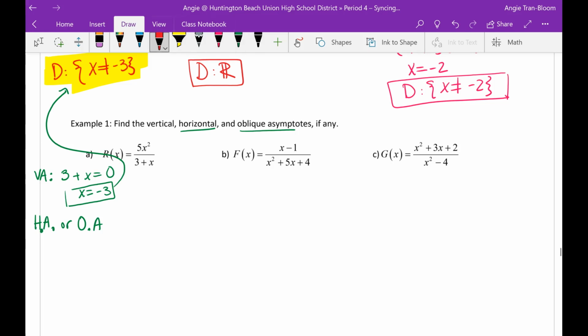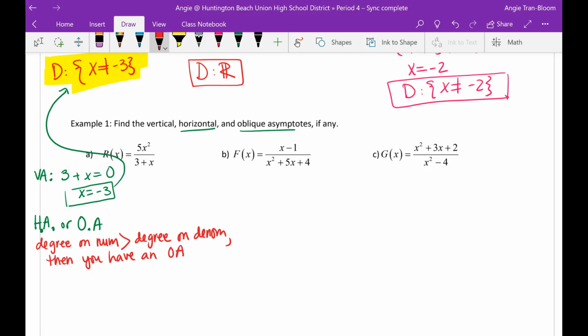When do we know we have an OA? If the degree on the numerator is bigger than the degree on the denominator, that means you have an OA.